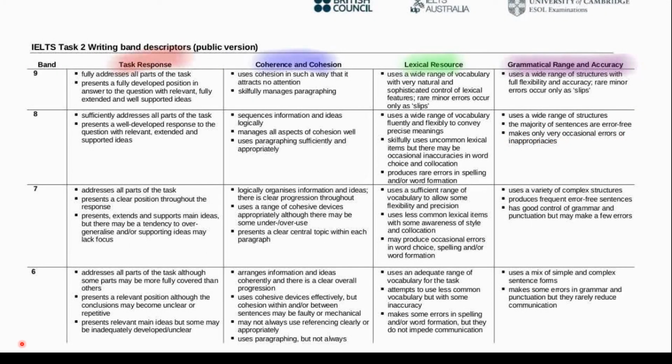Okay, so here on the screen is band 6, 7, 8, and 9 of the band descriptors. Okay, and we were looking at task response particularly here.